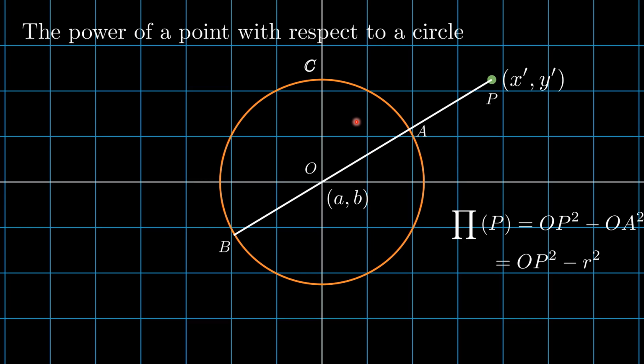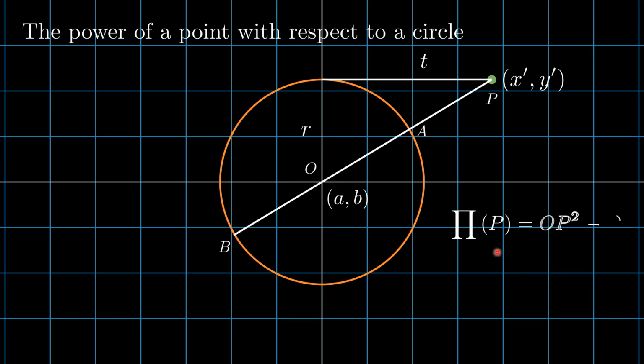Then the power of that point relative to that circle is OP squared minus OA squared, which is the radius squared. And so we can see using Pythagoras theorem that that is just equivalent to the square of the distance from the point where the tangent touches the circle to the point P.